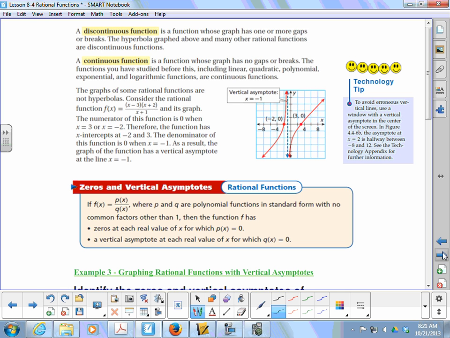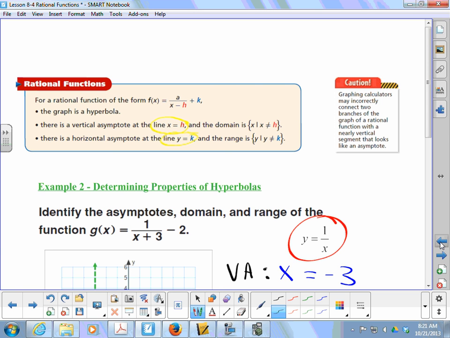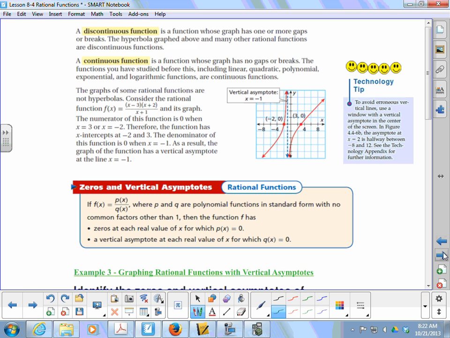And that's actually where we have our vertical asymptotes, wherever the denominator is equal to 0. So even looking at these other ones here, the reason is because if we put h in for x, we would end up with 0 in the denominator. And so then it would be undefined. Okay? And that's why we have vertical asymptotes there.